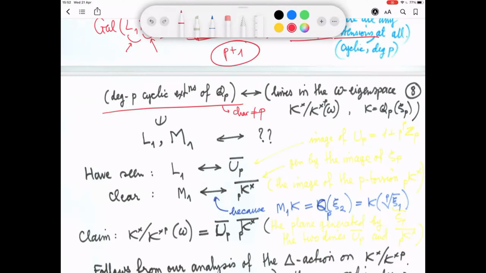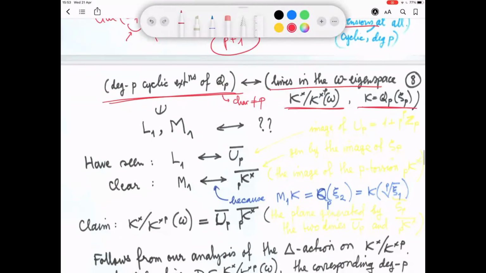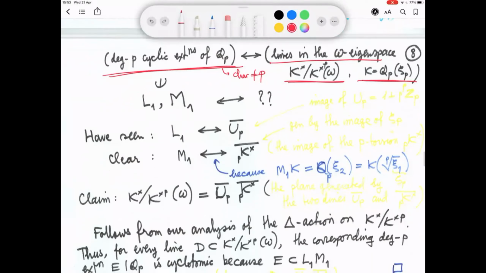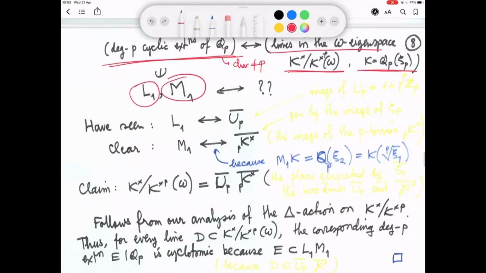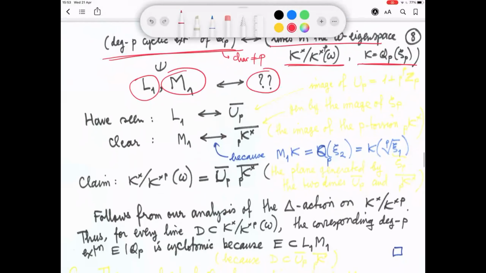So if K is Qp(zeta p), then these degree p cyclic extensions correspond to lines in the omega eigenspace, as we have just seen: K star modulo K star to the p, omega. We already know two such cyclic extensions, L1 and M1. They have to correspond to some lines here, and you can ask which lines in this space these two extensions correspond to.